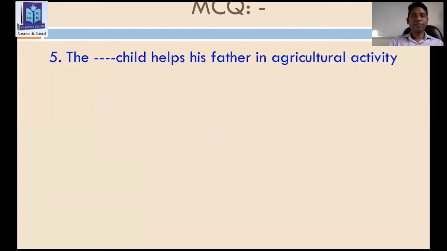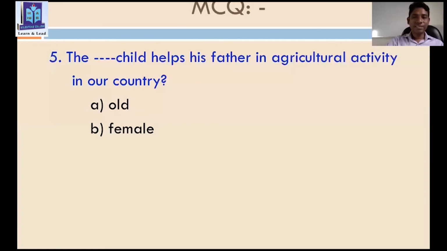Now, ready for 5. The dash child helps his father in agricultural activities. You know the answer. Let's find out the answer. In our country, old child, female child, male child are A and B. Which one is the answer?